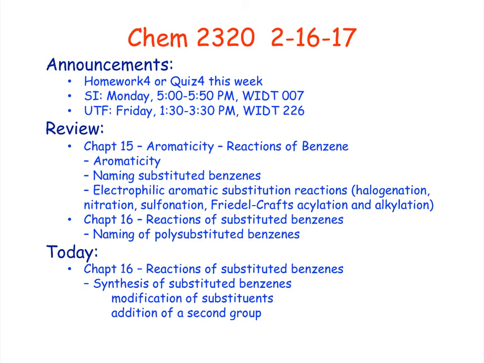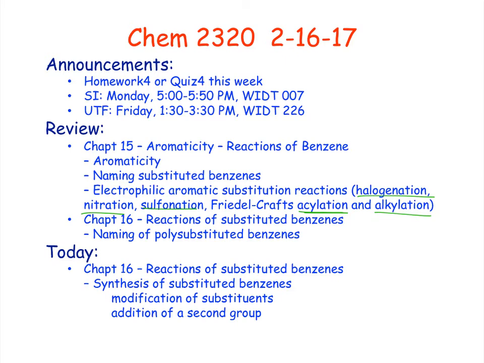We can put halogens on, we can put a nitro group on, we can put a sulfonic acid on, or we can put either an acyl group or an alkyl group. Now in this chapter we're going to go one step further and see what happens if we want to try to put another group on, or if we want to modify those groups. We want to make more complicated polysubstituted benzenes.